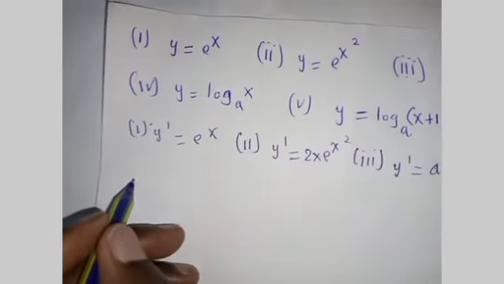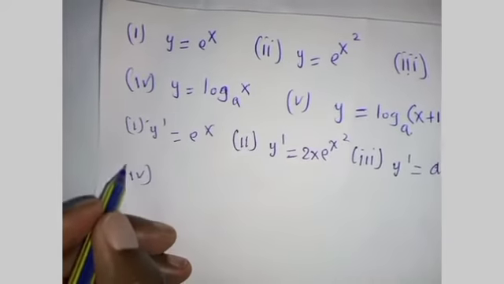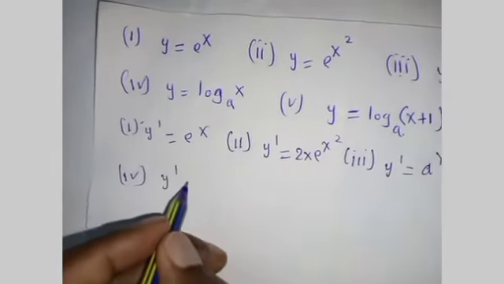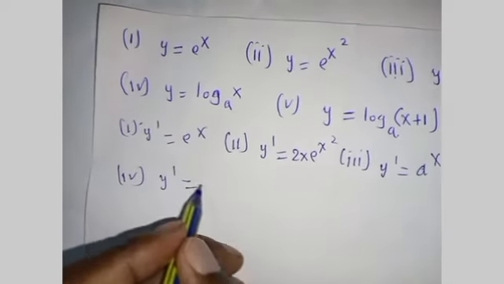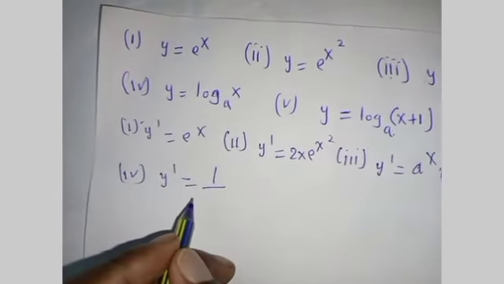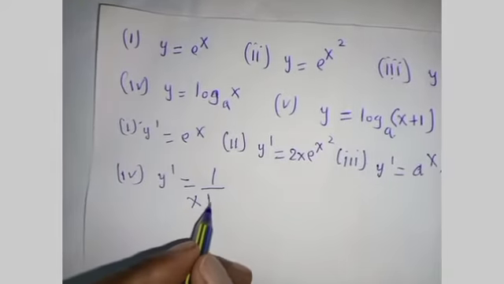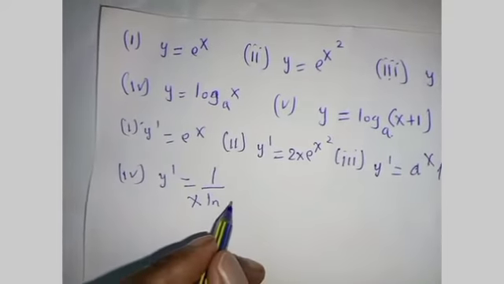Roman 4: y prime will be given by 1 over x ln of a.